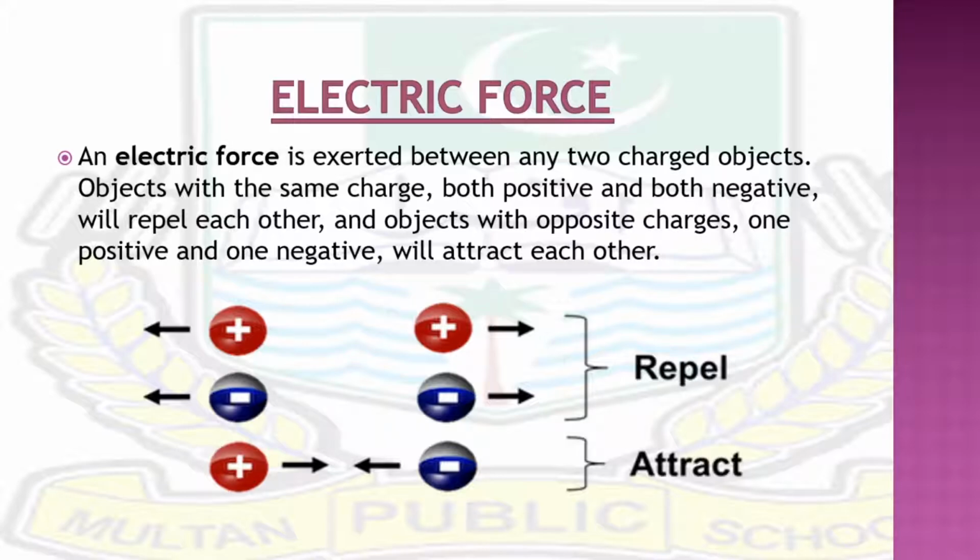First, we have to understand what is electric force. An electric force is exerted between any two charged objects. Objects with the same charge, both positive or both negative, will repel each other, and objects with opposite charges, one positive and one negative, will attract each other.